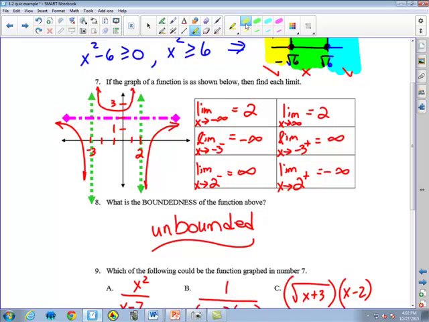As x approaches negative 3 from the left, what happens to the function? It goes toward negative infinity. As x approaches negative 3 from the right, what happens to the function?